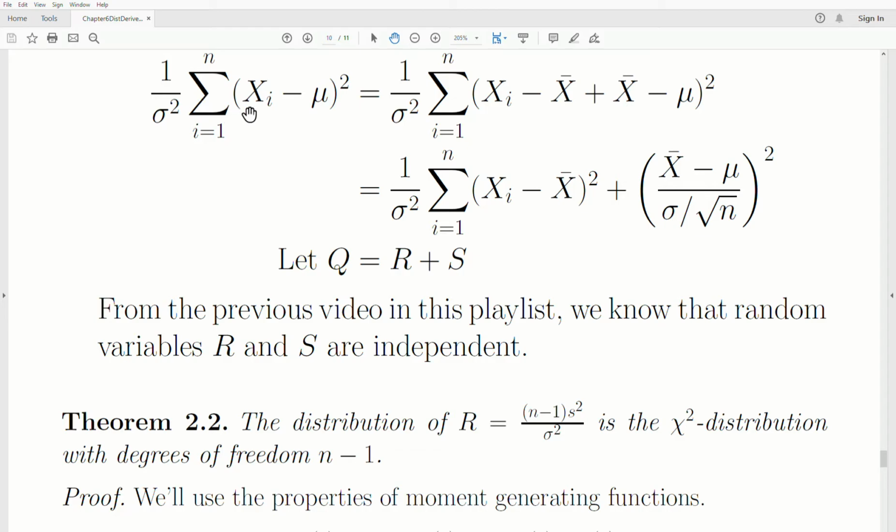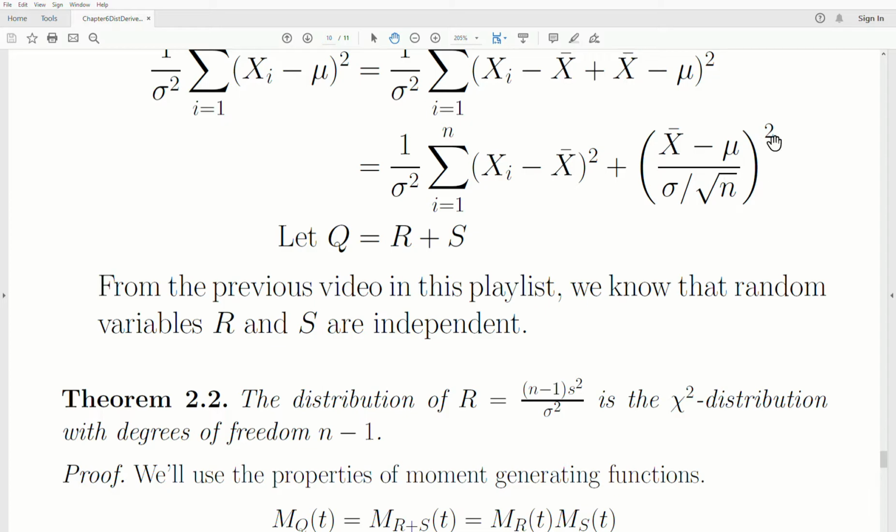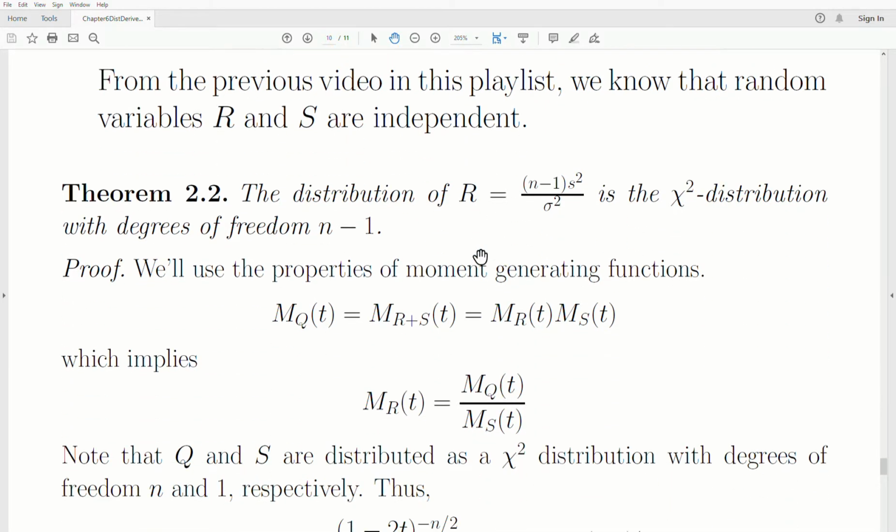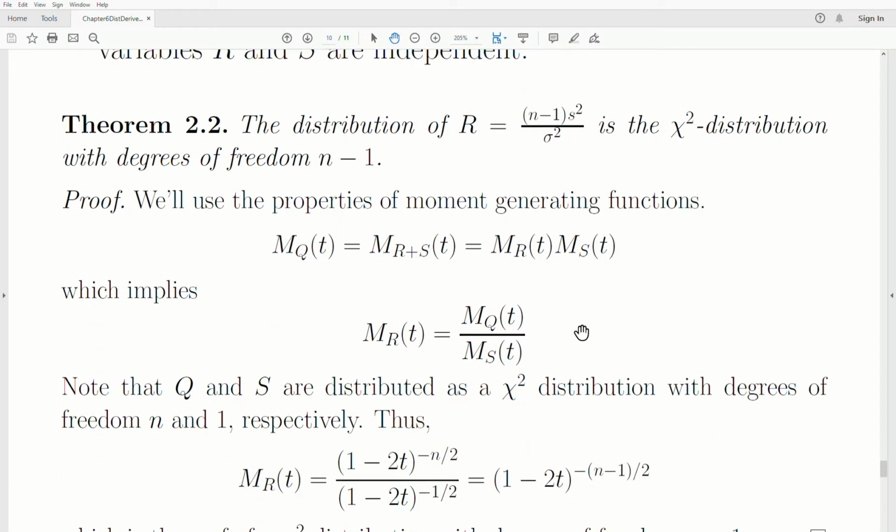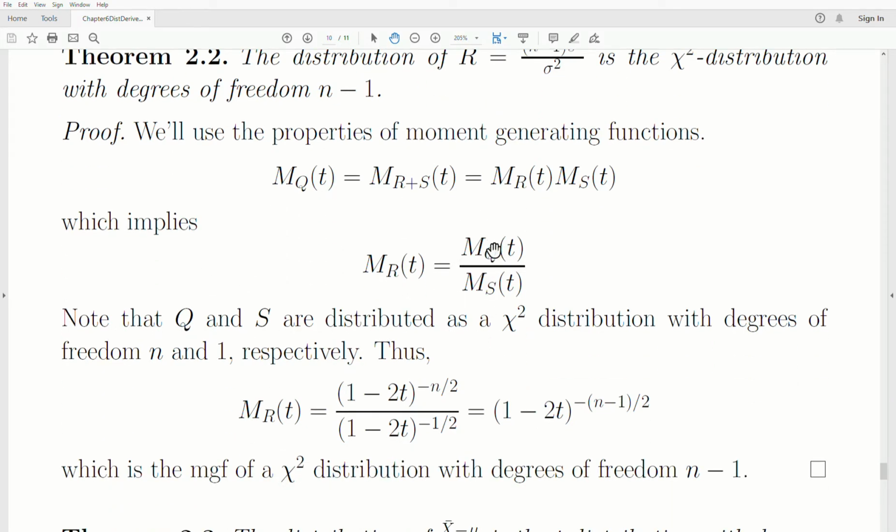Now, since Q is a chi-square random variable, and we know this term is a chi-squared random variable, we'll use the properties of moment-generating functions to solve this. The moment-generating function of Q, which is R plus S, and since R and S are independent, is the product of those moment-generating functions. If we divide by the moment-generating function for S, we get this term here. Note that Q and S are distributed as chi-square distributions with degrees of freedom n and 1 respectively.